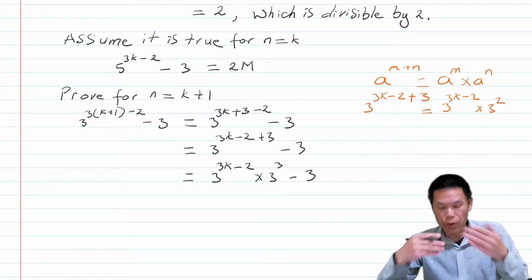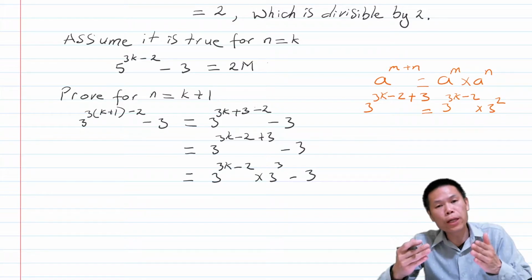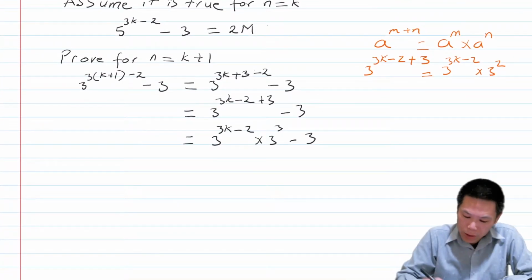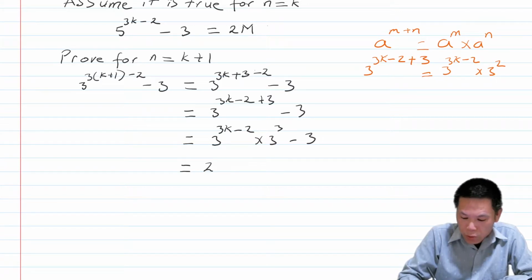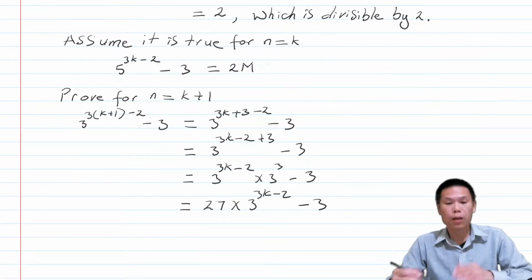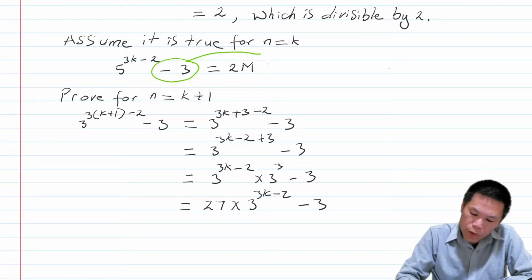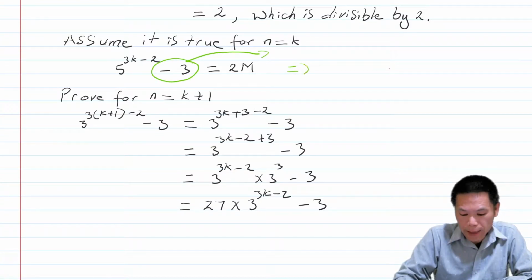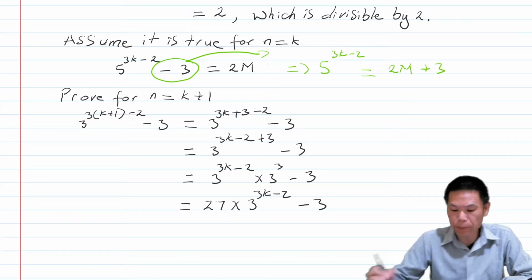Now, 5 to the power of 3 is 27. So this is exactly the same as 27 times 5 to the power of 3k minus 2, minus 3. Let's go back to our assumption. So if I move this one on this side, this means that 5 to the power of 3k minus 2 is equal to 2m plus 3.